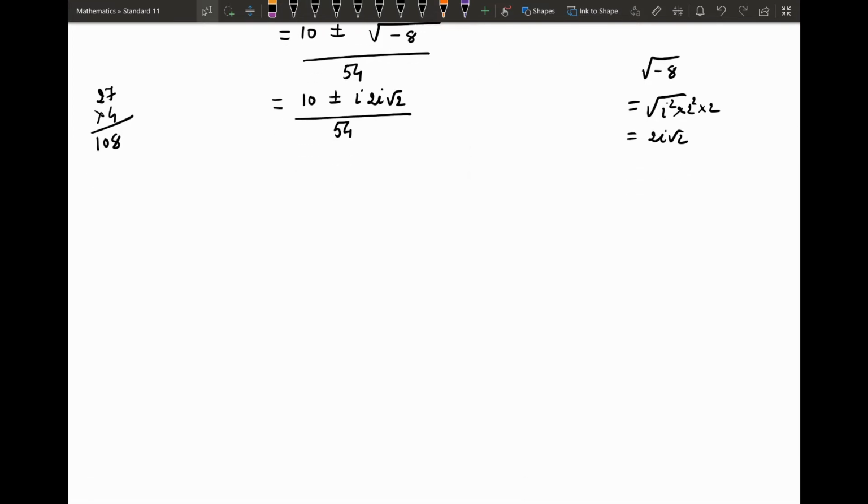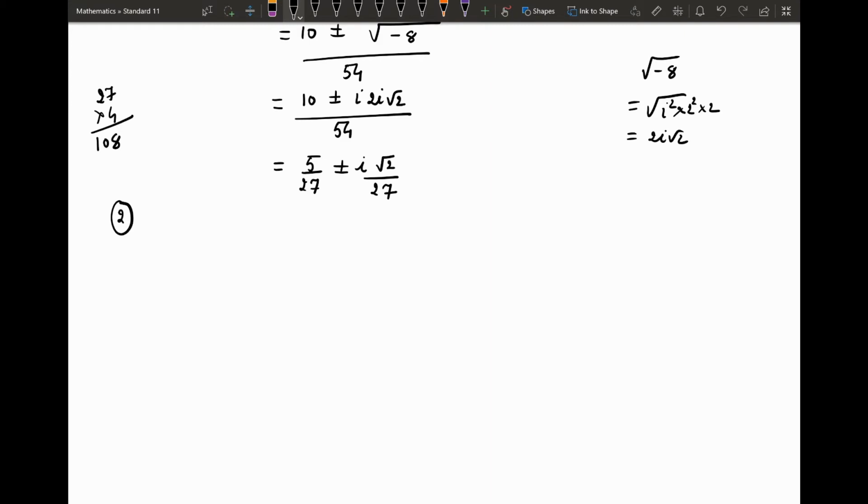Taking 2 common and dividing each by 27, so 5 upon 27 plus minus i root 2 upon 27. So this is the solution.